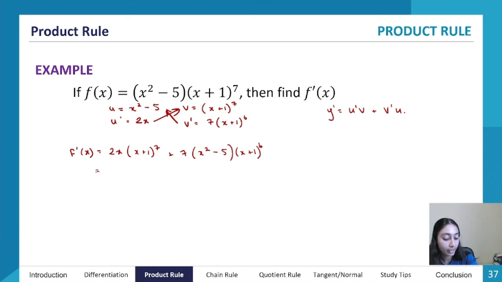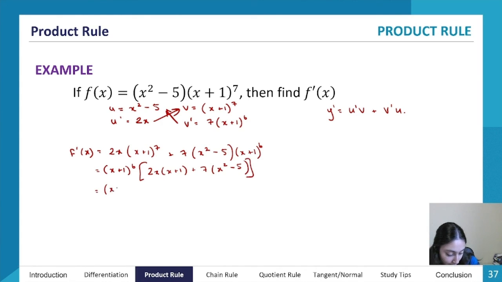I'm going to take out a common factor of x plus 1 to the power of 6 like I did last time. And this is just simply because I want to simplify as much as I can. So x plus 1 to the power of 6 times 2x x plus 1 plus 7 x squared minus 5.